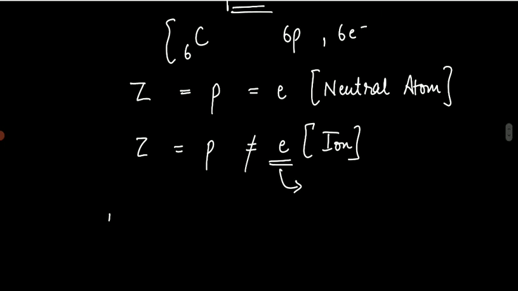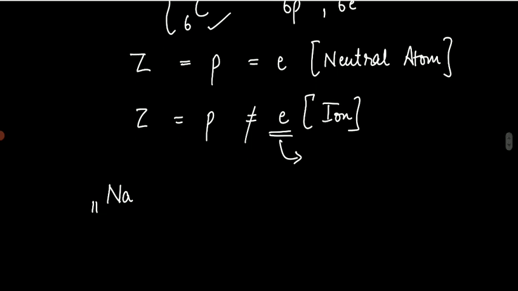So, if I have sodium, the sodium atomic number is 11. This is how we represent it. If you have any symbol X, how do you write the atomic number? You write it on the bottom left. This is the part where I've written. Similarly for carbon also. So sodium has 11 protons and 11 electrons.